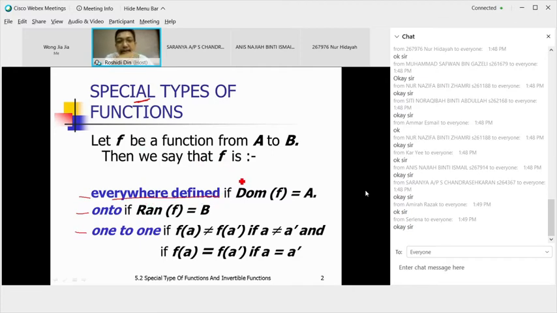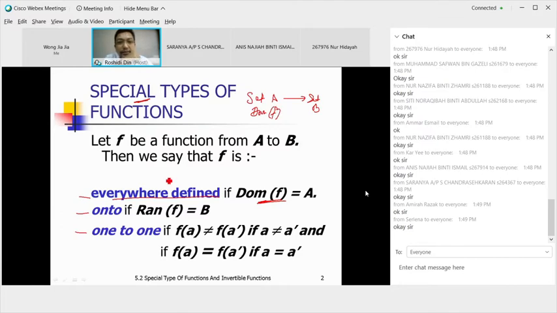Everywhere defined means we look at the domain of function, set A. Once we have set A mapped to set B, everywhere defined means we focus on set A only, so all elements of set A need to be utilized.